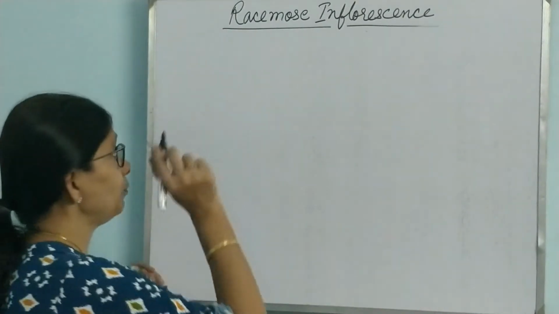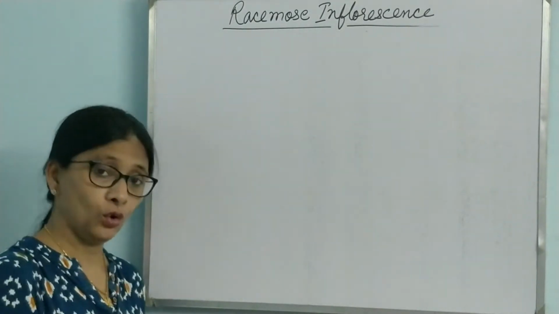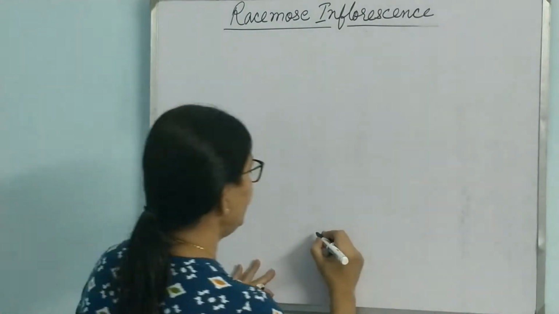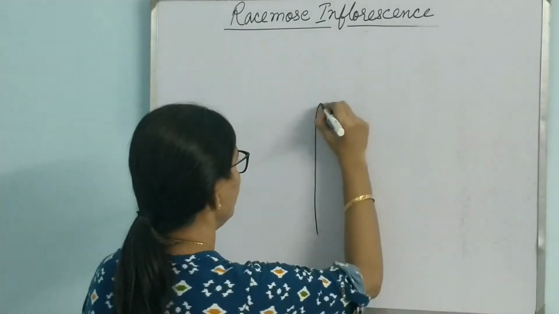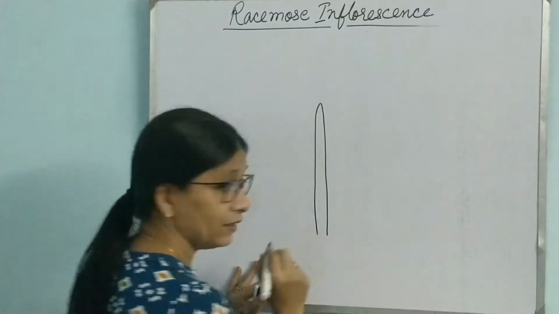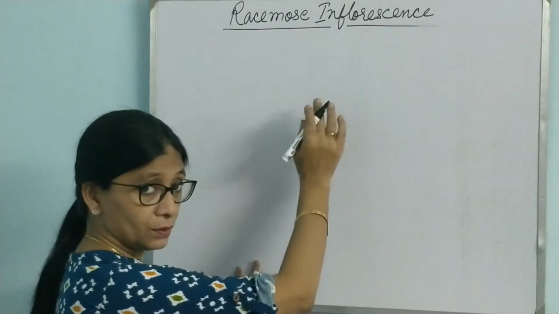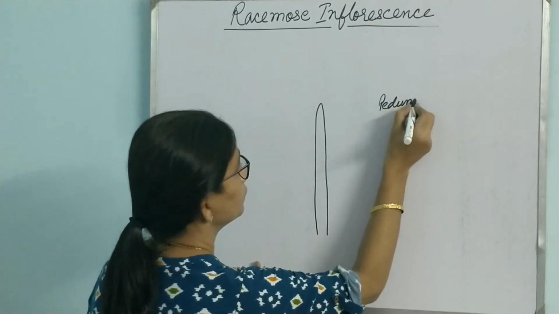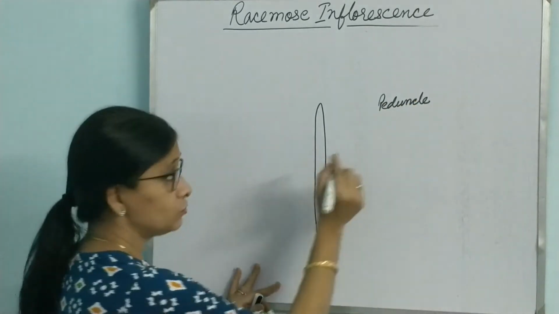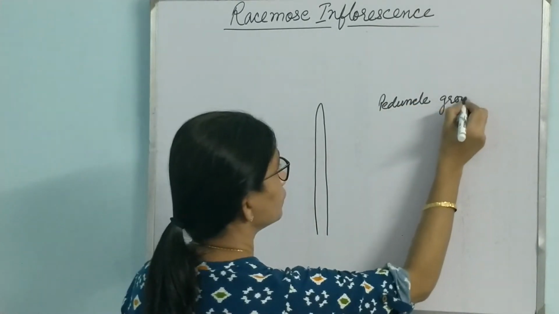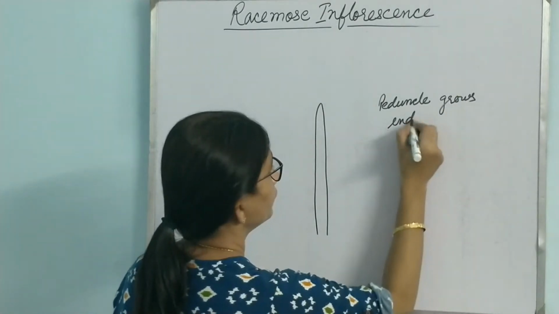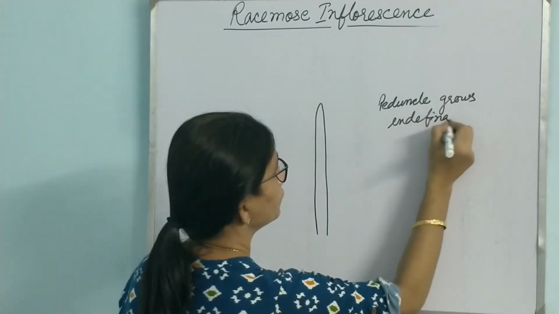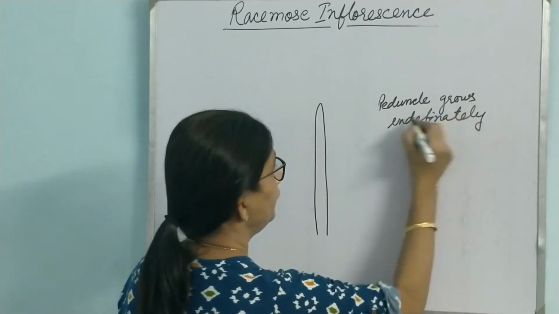So the first type of racemose inflorescence, as we know, is where the main stalk or the peduncle, or the rachis, grows indefinitely.